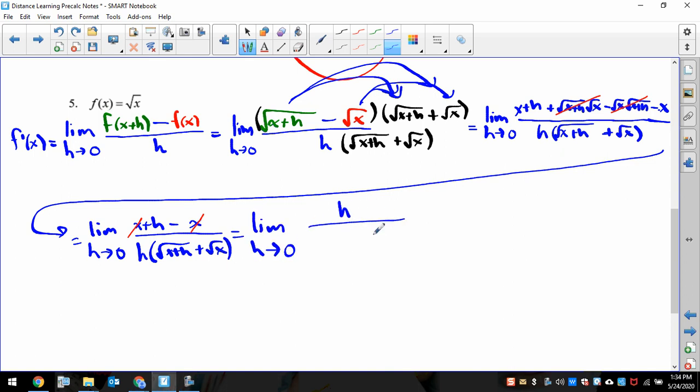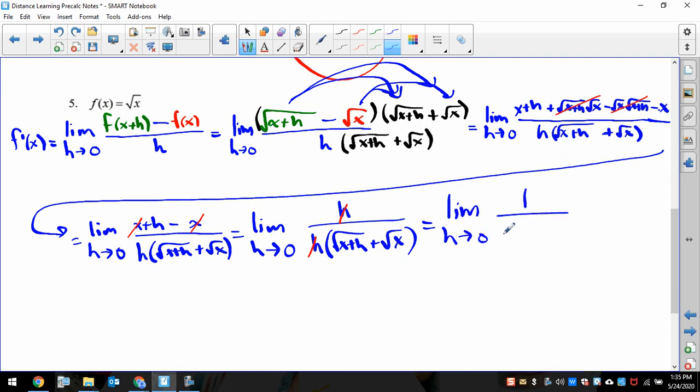We have an h over h times square root of x plus h plus square root of x. And if you try to plug in h equals 0 now, you're still going to get 0 over 0. So we still have to do more work for some more canceling. And we see that this h cancels. That's good news. As soon as that h cancels, we can go ahead and plug in h equals 0.